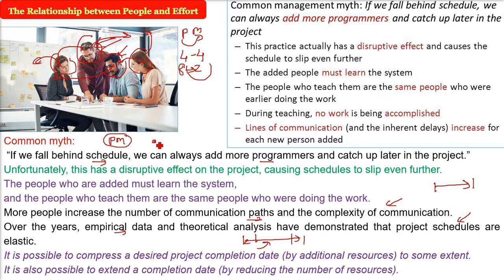I'm not saying that if you put in the effort or the programmers in the last phases, you will fall into trouble. I'm just saying, if you have a project schedule, you can stretch it, you can compress it. That is, it is also possible to extend a completion date. You can stretch it and you can compress it, but not at the end, saying, oh, this time nothing is working, put in more people.